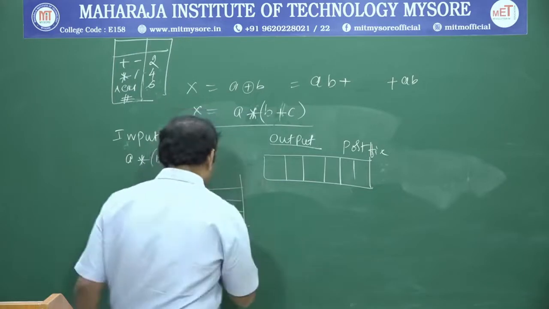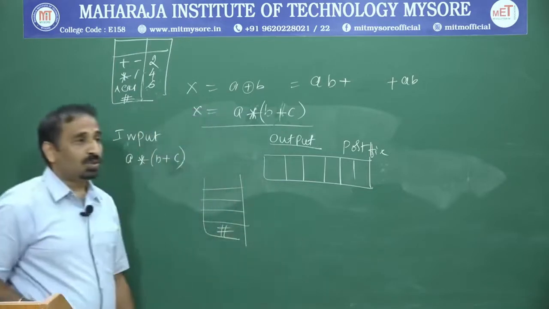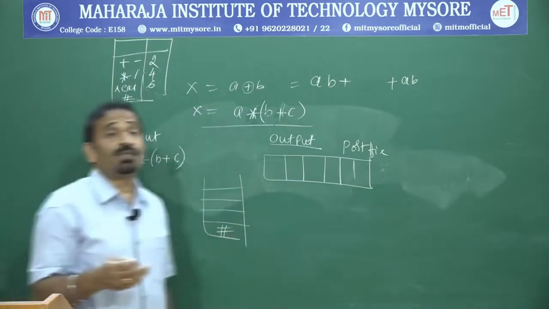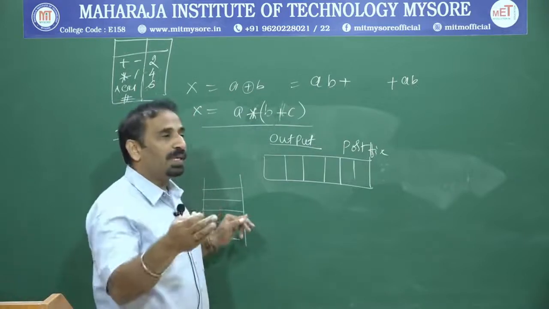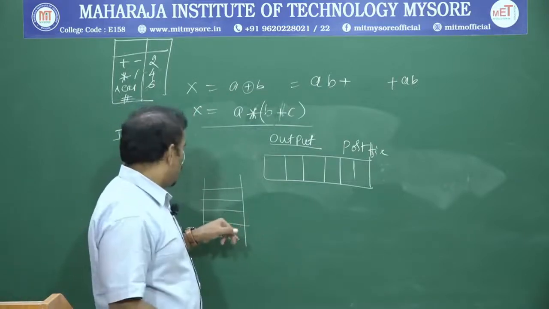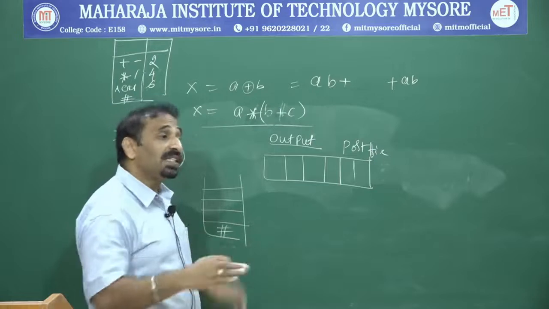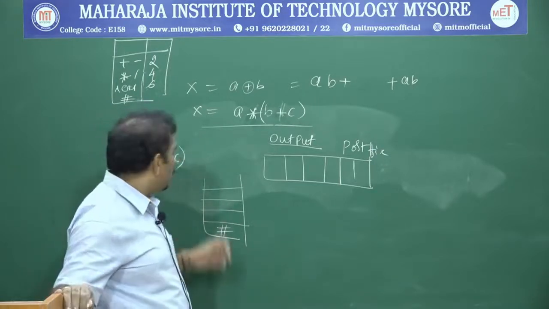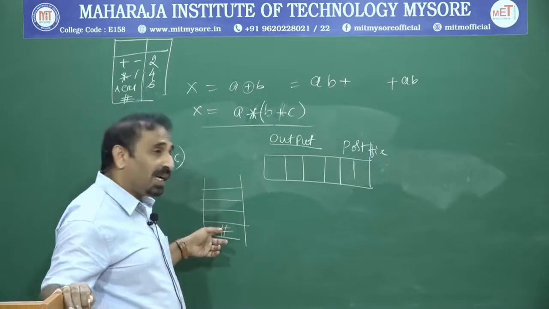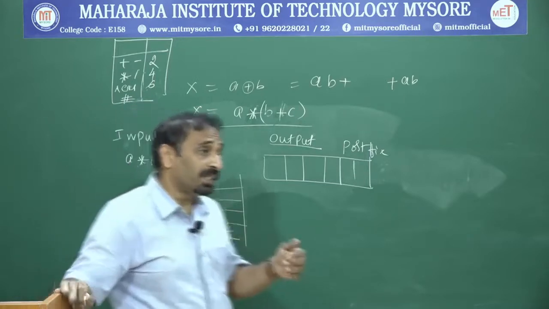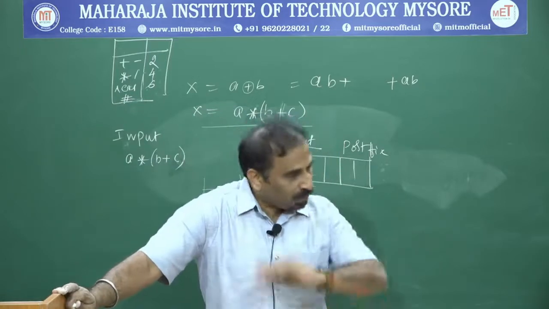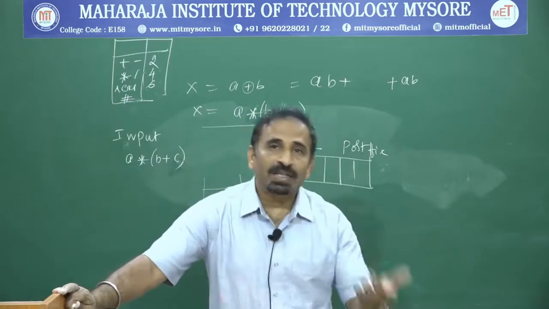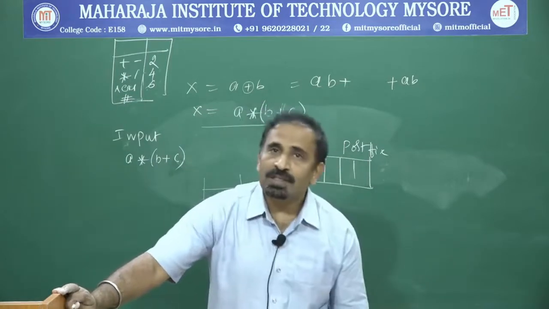It means something like this: I add a hash to begin with. So how to stop this operation? Whenever you get hash again after doing all the process, it means it is the end of the process. Just for that I am using one hash symbol, only for reference. I put hash and do some process. At the end, if you get hash again, it means end of the operation.